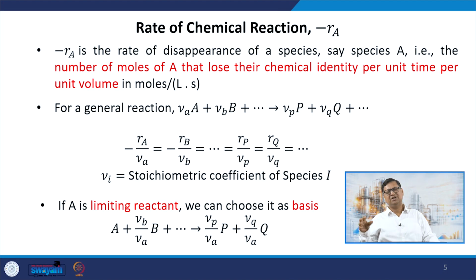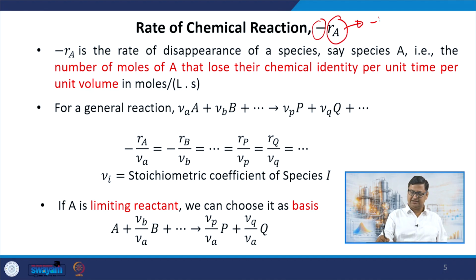So, in order to keep our definition neat, what we typically do is put a minus sign over R A. So, R A in fact is negative, that is, the rate of formation is R A. It is negative because A is getting consumed, but minus R A becomes positive.